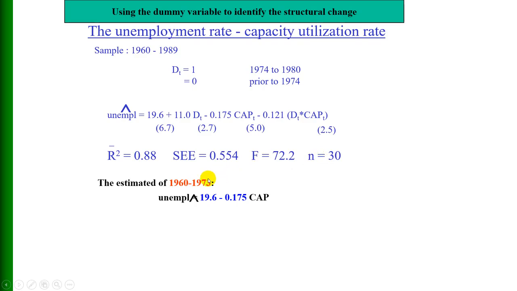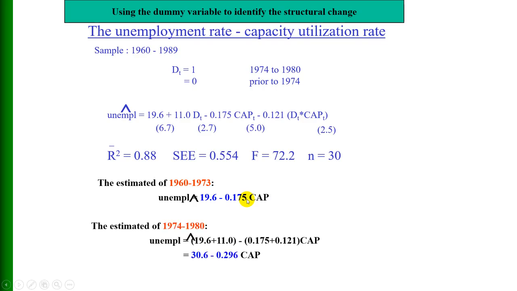So the estimated regression of 1960 to 1973 unemployment is this, that is 19.6 minus 0.175 cap, and this is for the estimated period 1974 and above, and this is equal to 30.6 minus 0.296 capacity utilization.